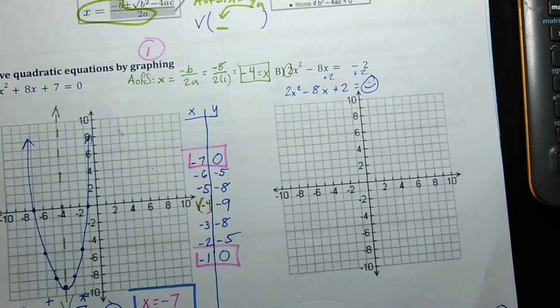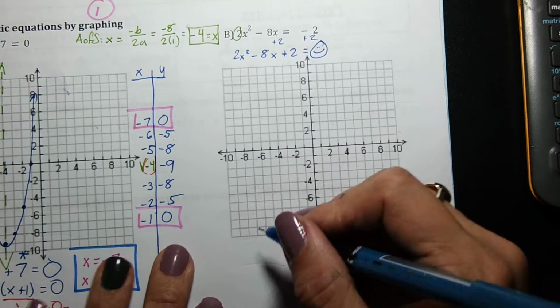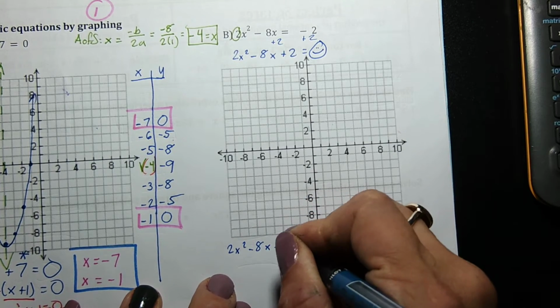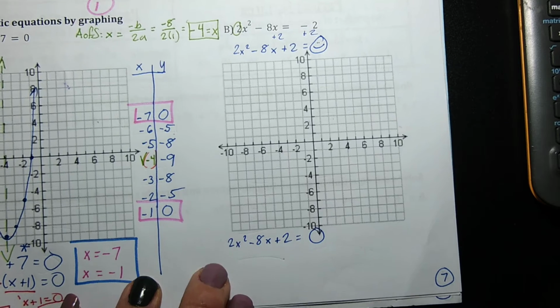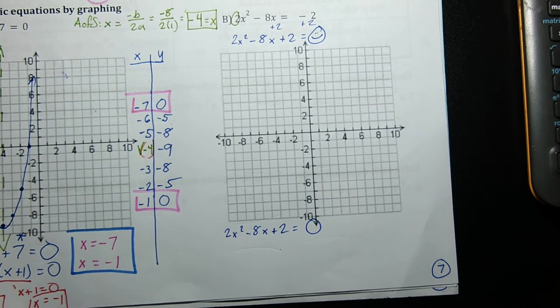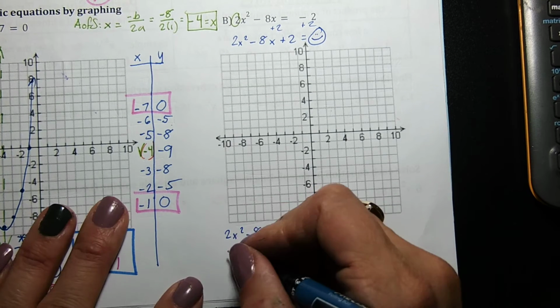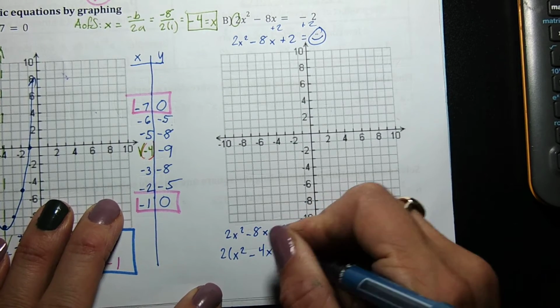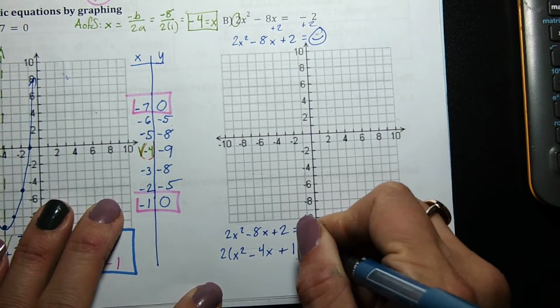Before we solve by graphing again, let's try to solve this one by factoring. Down at the bottom, we get 2x squared minus 8x plus 2 equals 0. What do you want to do first for this one? GCF makes life easier. Then we don't have to do the x method. So x squared minus 4x plus 1.